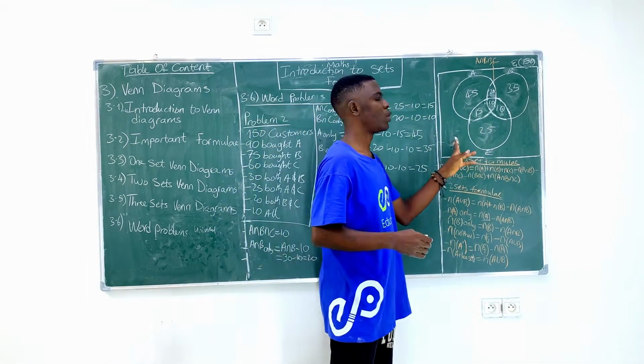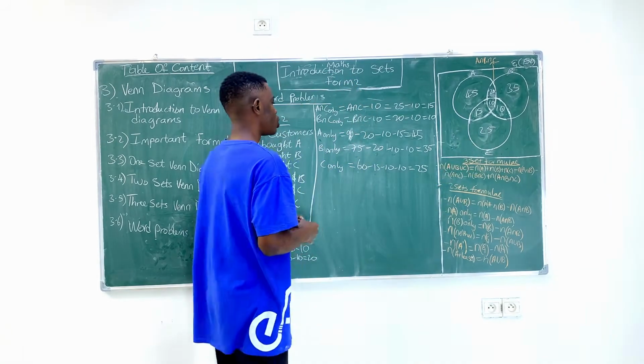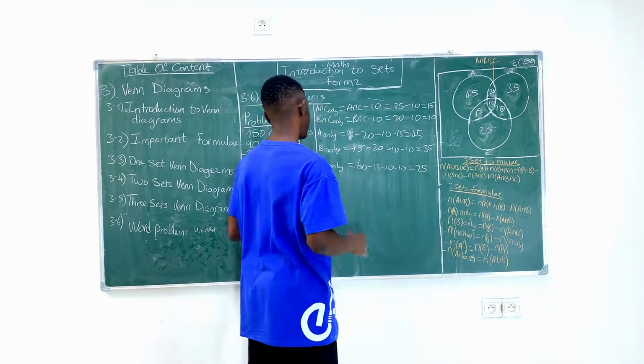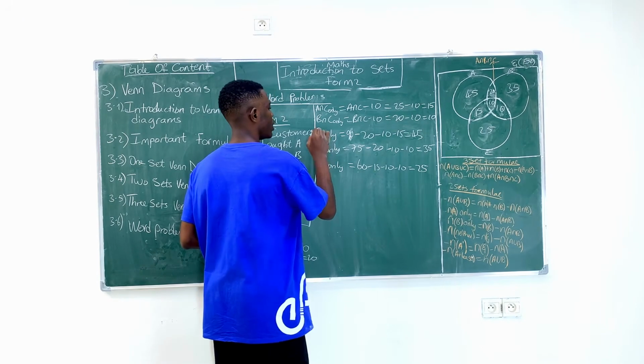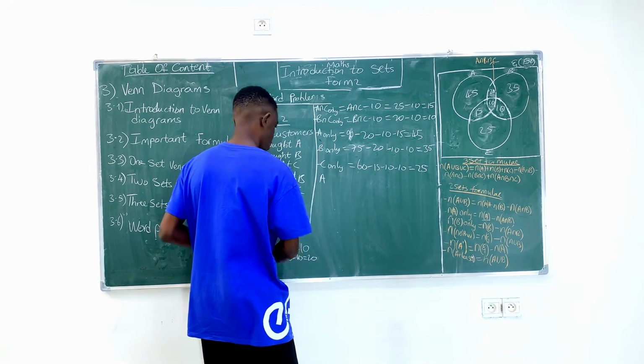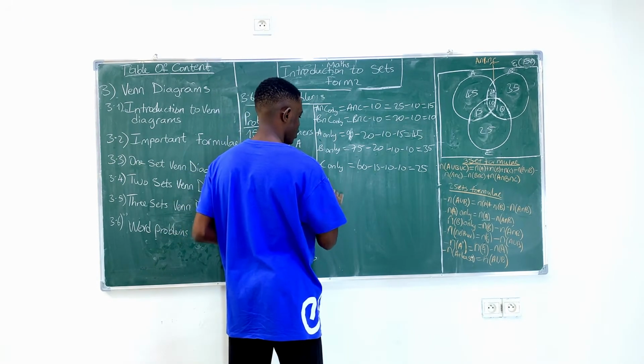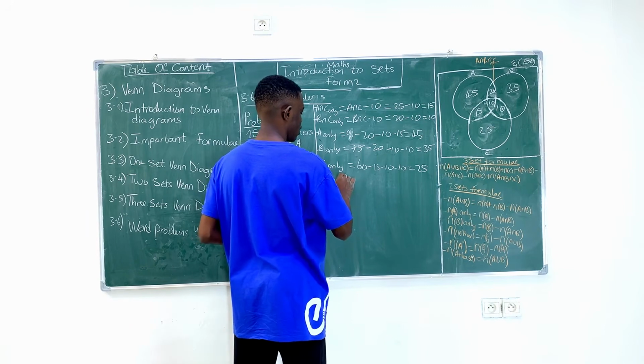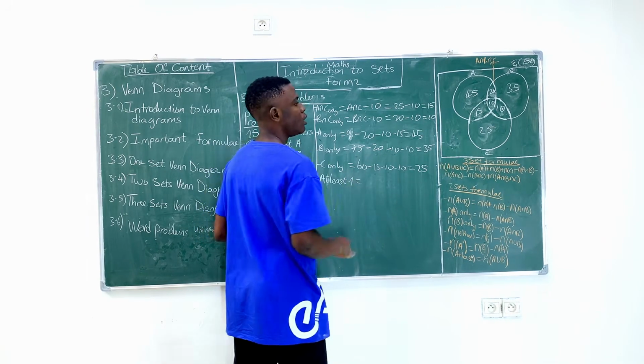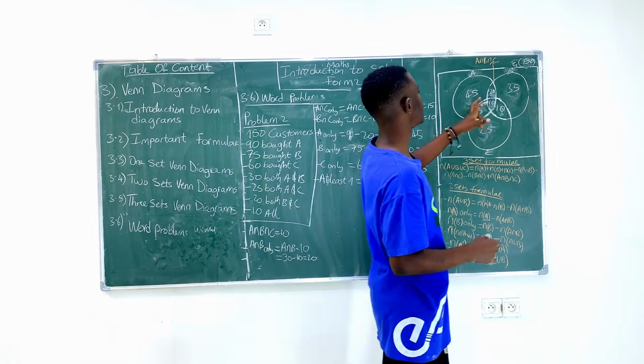Now, what are we left with? We want to find the at least one. For the at least one, you just count everything that is in the circles.